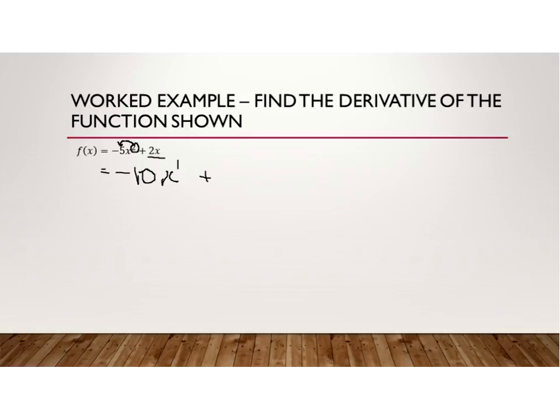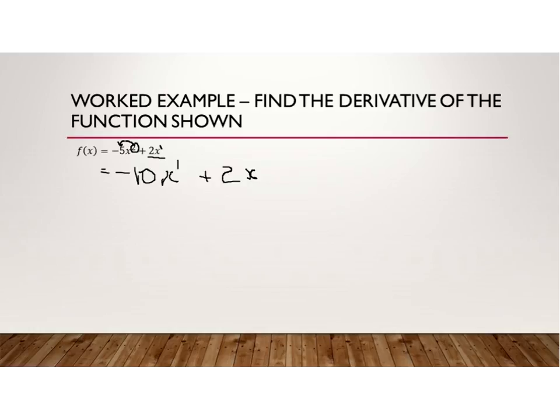Now, when you have a term like 2x, the existing power is 1. Take the 1 down the front and multiply. Doesn't do anything, so it doesn't change the number. So that's still 2. The x then becomes, you take the power that's there and reduce it by 1.